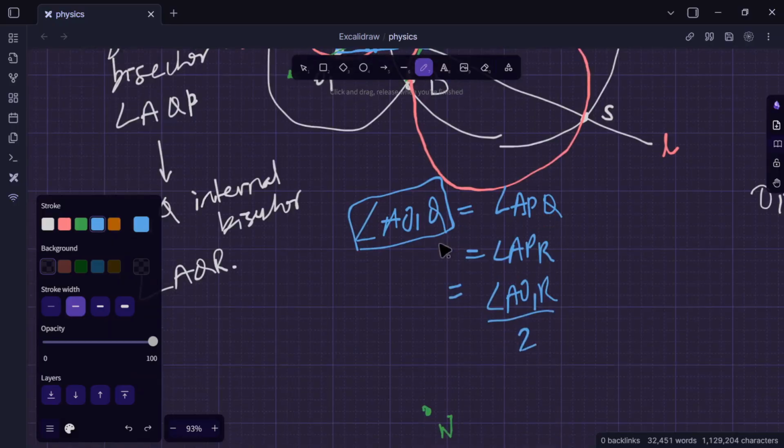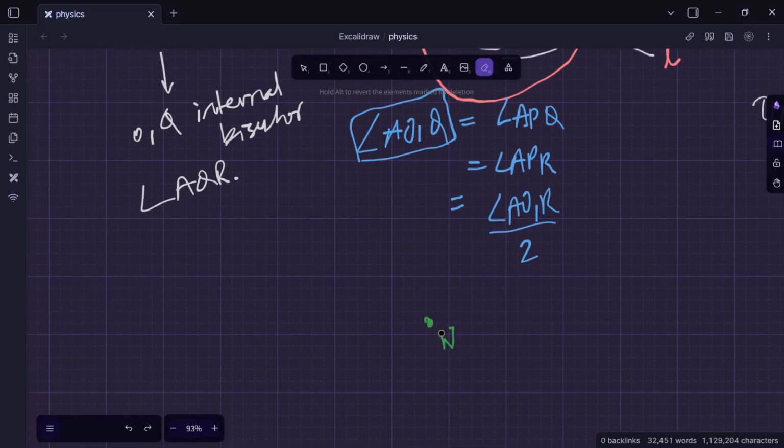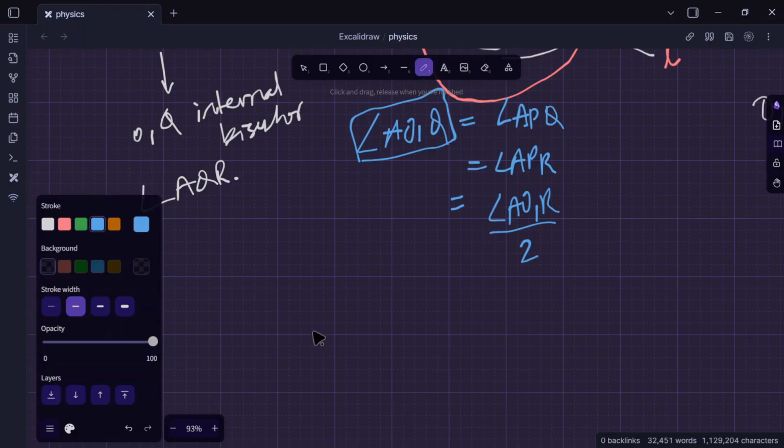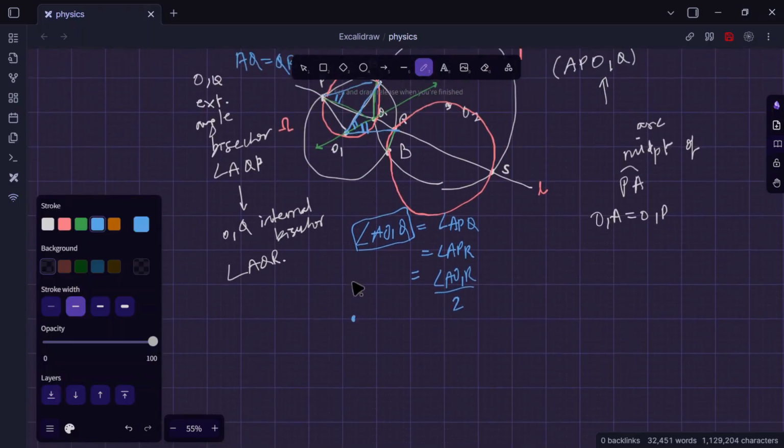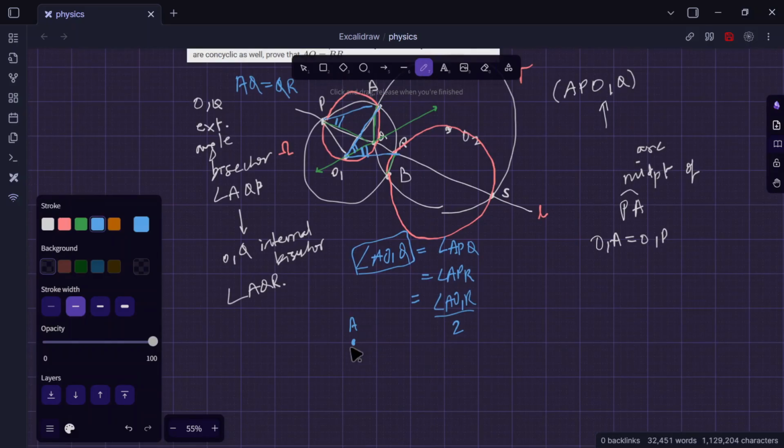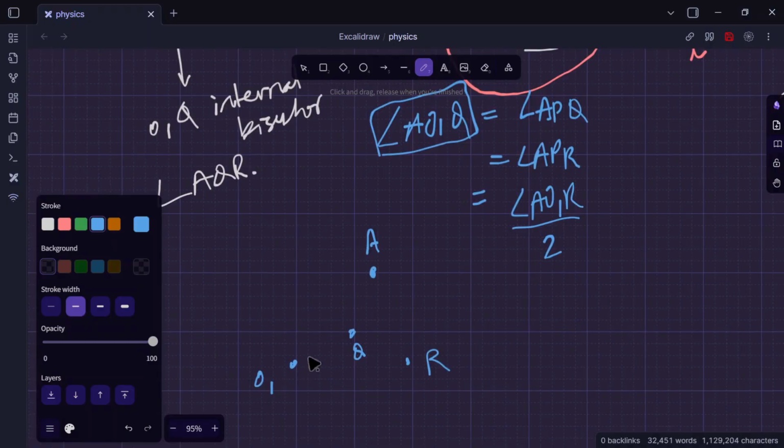So that's great. So the configuration we have now looks like this. We have the points A, O1, Q somewhere over here, and R over here. And what we have is this line O1Q bisects AQR, and it also bisects AO1R.